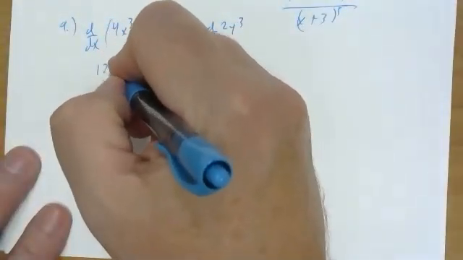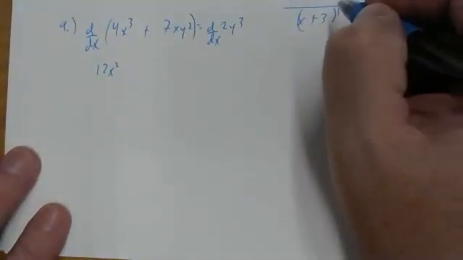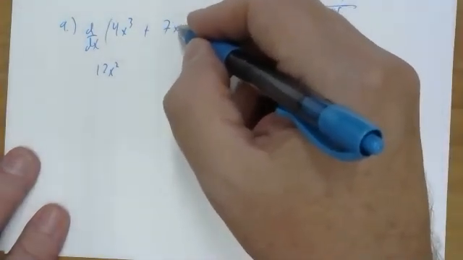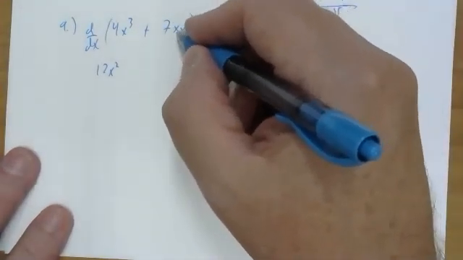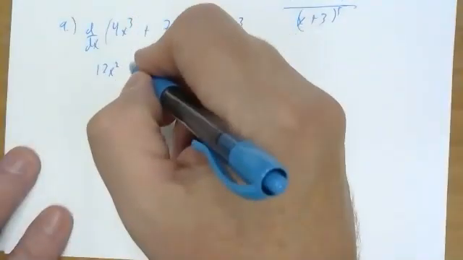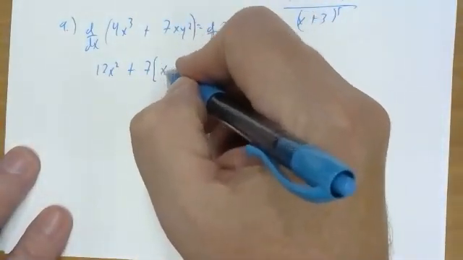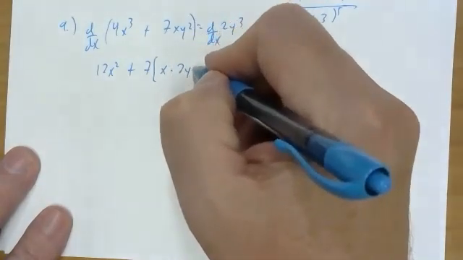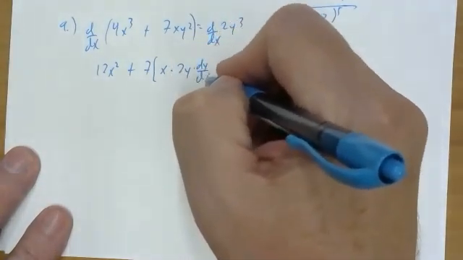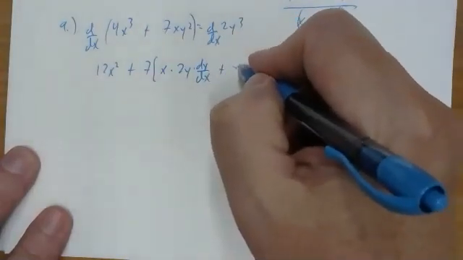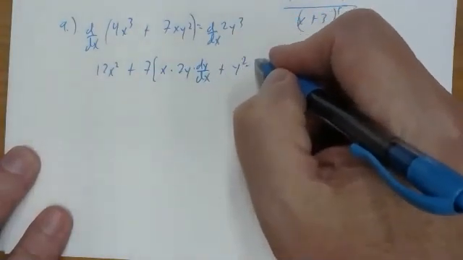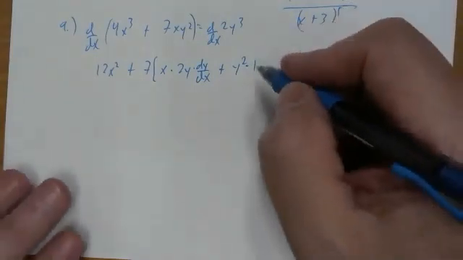So derivative of 4x cubed, it's pretty straightforward. Here, 7xy squared, it's like a product rule. So the first times the derivative of the second plus the second times derivative of the first.